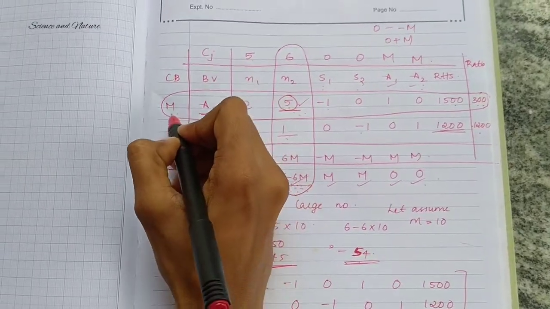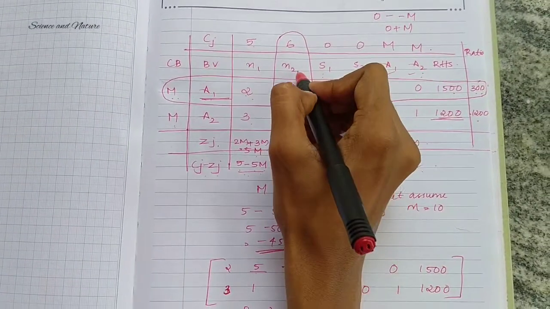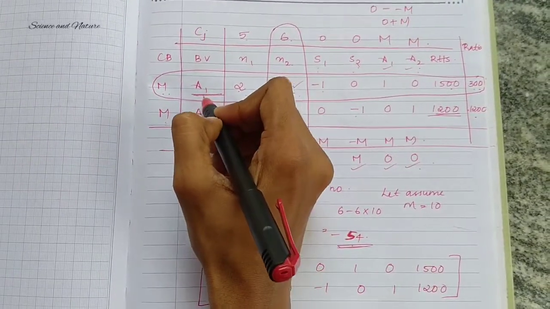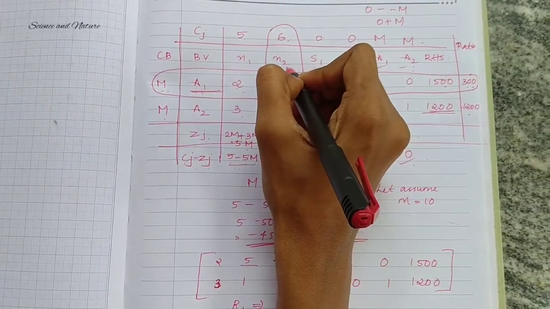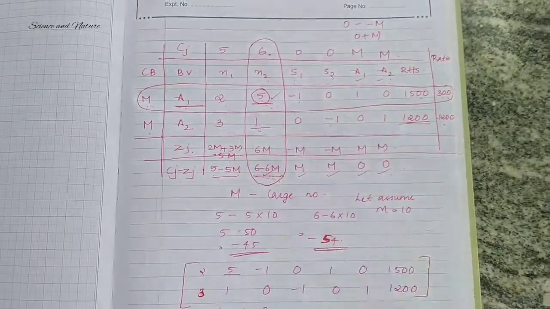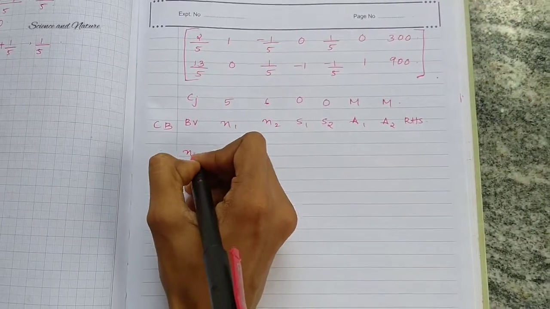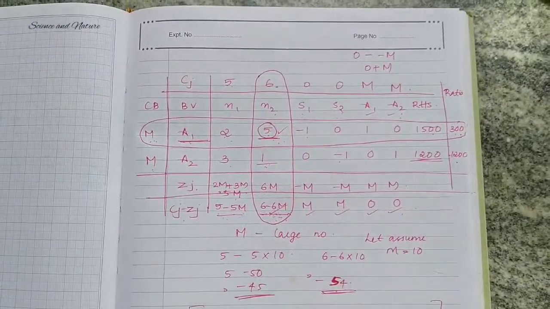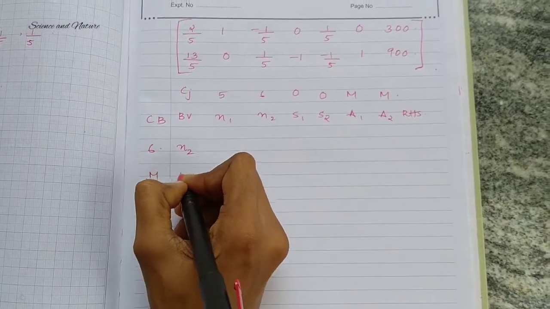So the A1 and M should be replaced with x2 and 6. So in the place of A1 we should write x2, and here M we will change it as 6. x2, 6. M(a2) is written as same, M(a2).